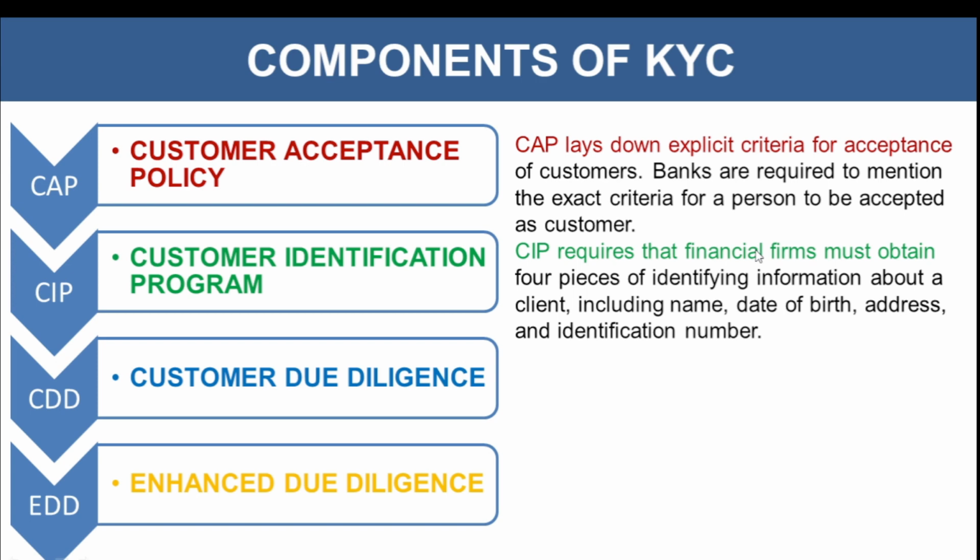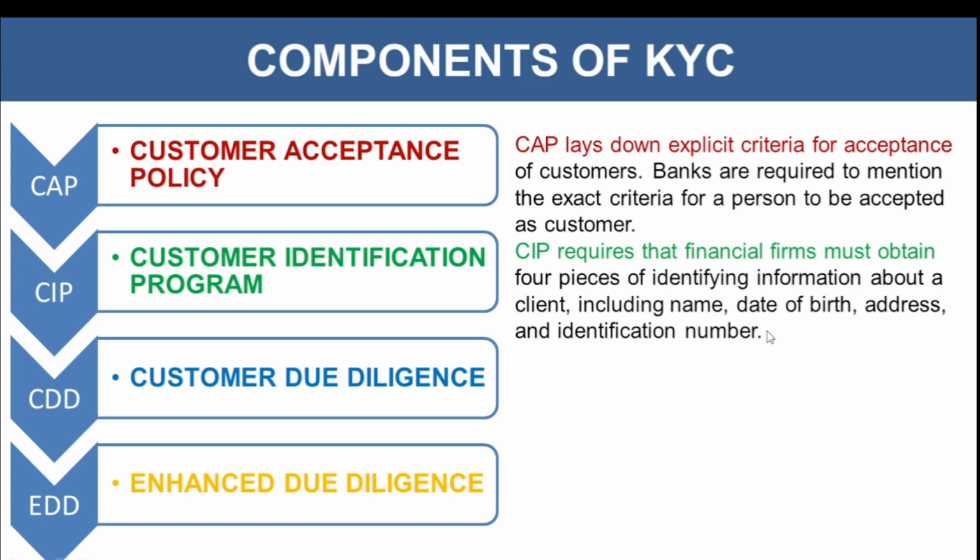Once the bank is okay that they are ready to accept you as a customer, they need to establish your identification. Now this identification will be established only when you provide the details that have been asked by the bank. So in the account opening form, the details that you have filled along with your photograph and the OVDs, the Aadhaar and the PAN card, whichever details are required by the banks.